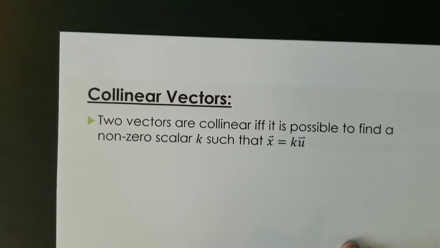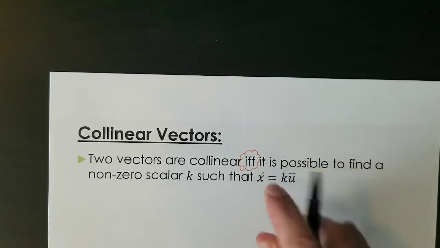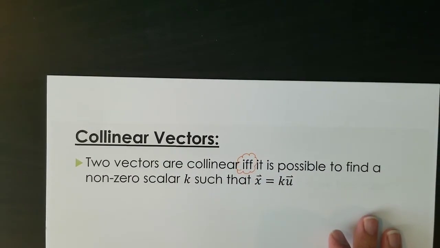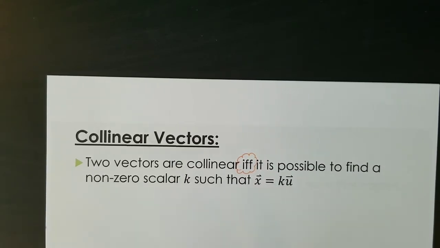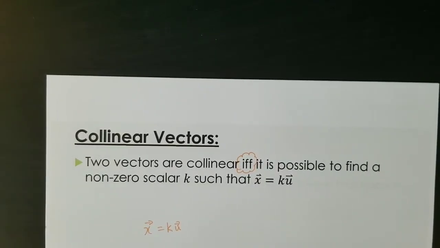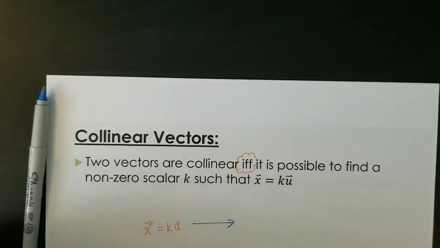And this comes back to our friend from, I think, day 2, talking about this if and only if. So two vectors are collinear if and only if it's possible to find a non-zero scalar k such that vector x equals k times vector u. So if we know vector x equals k times vector u, that necessarily means that these vectors are parallel or collinear.